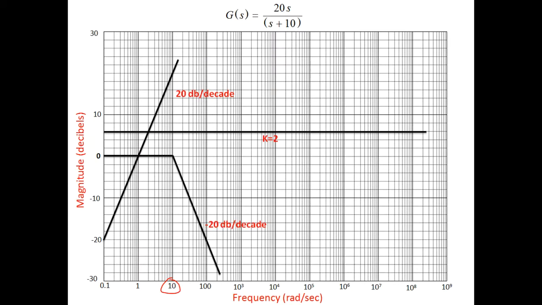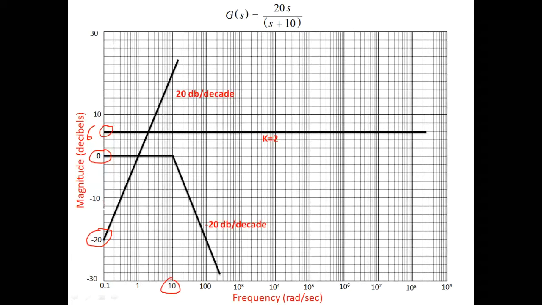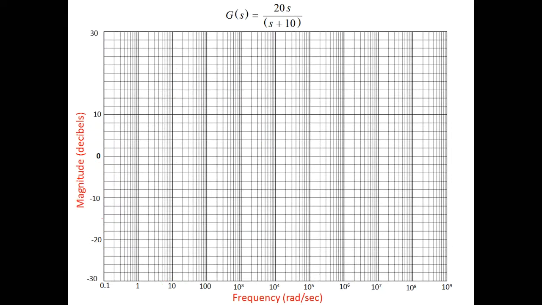So why do we start here from minus 14? We have 6. So let's look here. We have 6, here we have 0, and here we have minus 20. So the sum gives us minus 14. So it starts from minus 14.